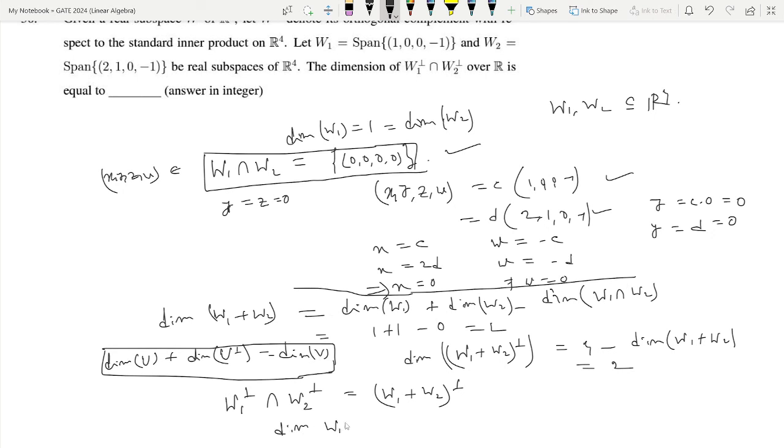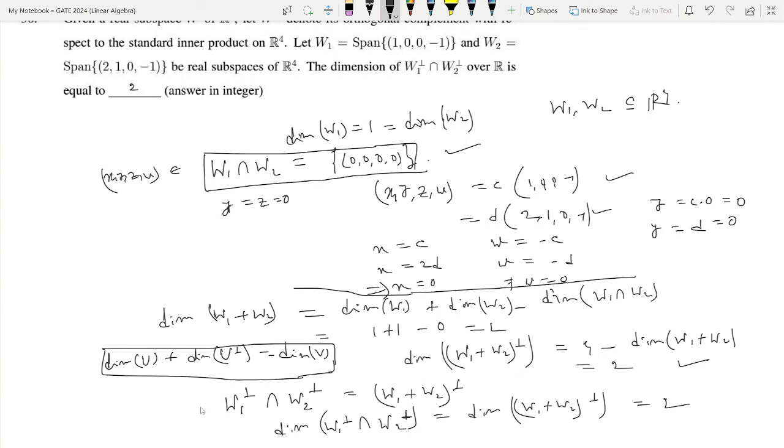So clearly, the dimension of W1 perp intersection W2 perp, what we have to find here, is equal to the dimension of (W1 plus W2) perp, which is 2, as we have just found. So the dimension of W1 perp intersection W2 perp is 2. So this is the answer, and in this way we can solve this question.